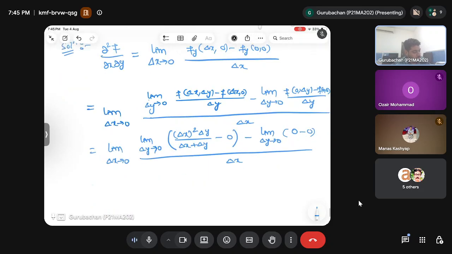The first expression will be limit delta x tending to 0, 0 minus 0 divided by delta x. That will give you 0.